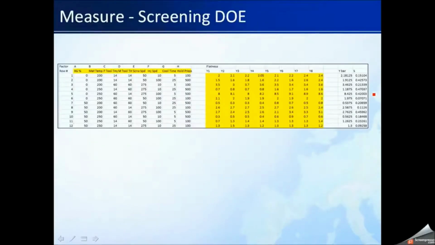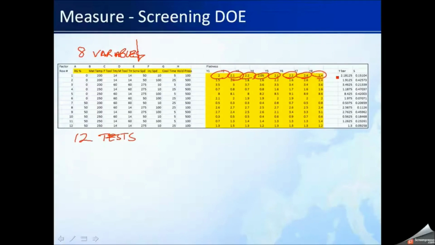And here is the pattern. Key point about the efficiency here, as I mentioned, we have 8 variables, 8 settings. We are only going to do 12 tests, 12 setups, although obviously we are collecting a sample multiple times for that setup, but we're only going to set the machine up in 12 different ways.